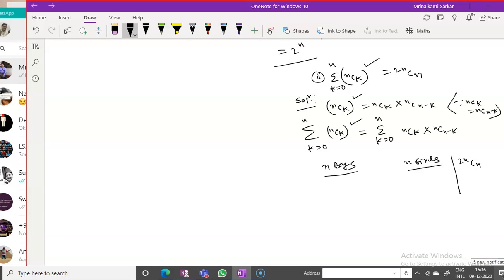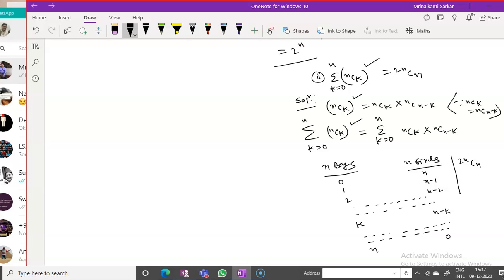But can't you say it is similar to selecting 0 from here and n from there, 1 from here and n minus 1 from there, 2 from here and n minus 2 from there, and so on, k from here and n minus k from there, up to n from here and 0 from there?